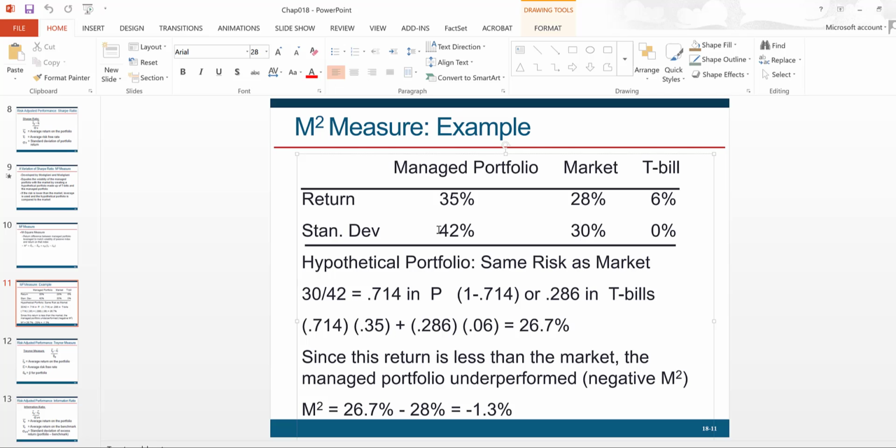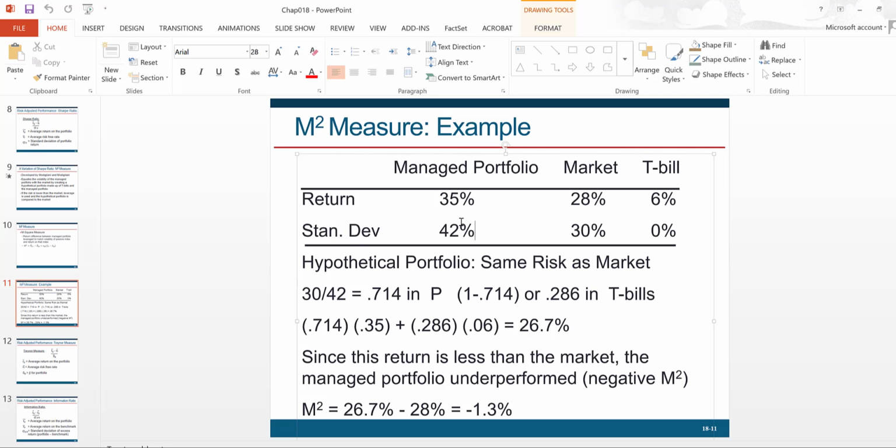How can we reduce the risk of the portfolio to bring it down to 30%? Well, we can create a new portfolio, a hypothetical portfolio that combines this managed portfolio with the risk-free asset, right? Put some money in the managed portfolio, put the rest in the treasury bill. As you add more and more treasury bills into this portfolio, its risk will start to go down.